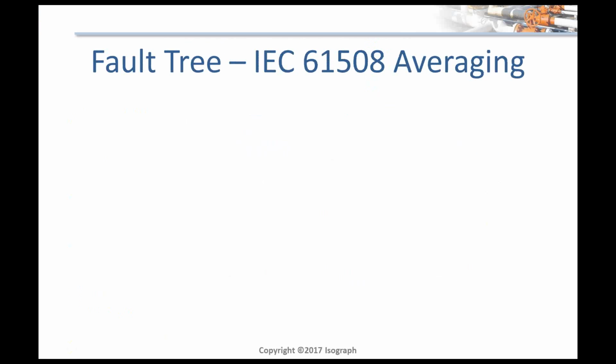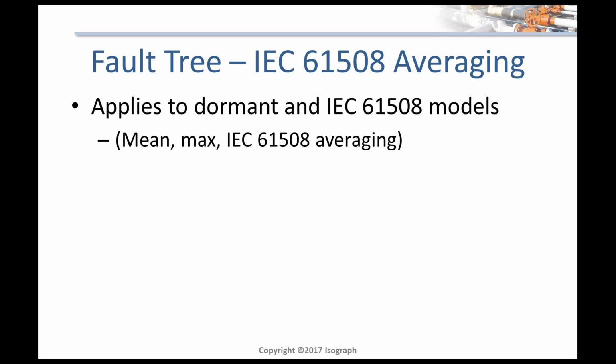And lastly, there's been a major calculation change for the 61508 averaging for the system. If you've been using fault trees for 61508 style SIL analysis, then you're probably using the 61508 averaging. We know how this applies to dormant models and also 61508 failure models. There are three different averaging methods you can apply: mean, max, or 61508's dormant model calculations.